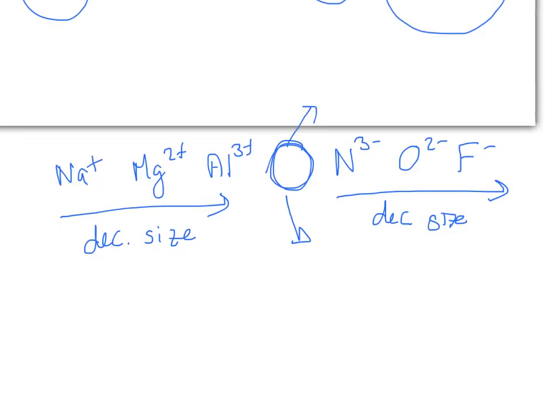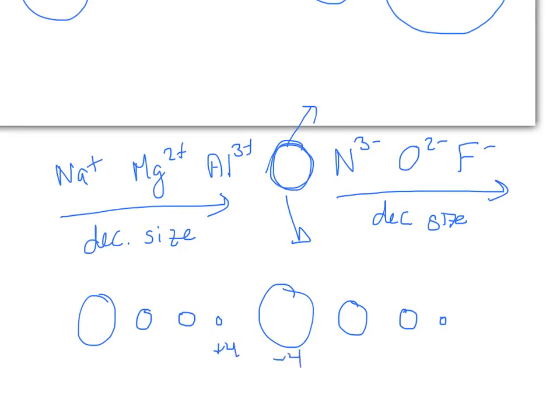And so this would look like that on your periodic table. This would be the plus 4, this would be the minus 4, this would be the largest jump, and this would be the smallest. Compared again to their neutral atoms, not necessarily to their neighboring elements.